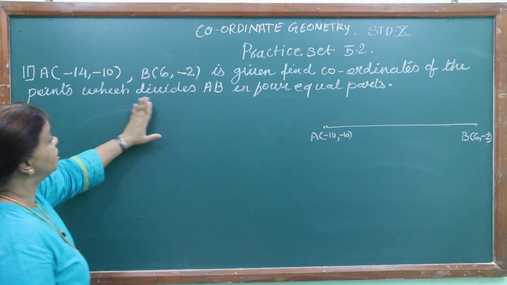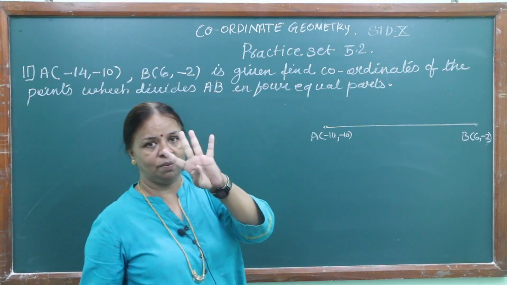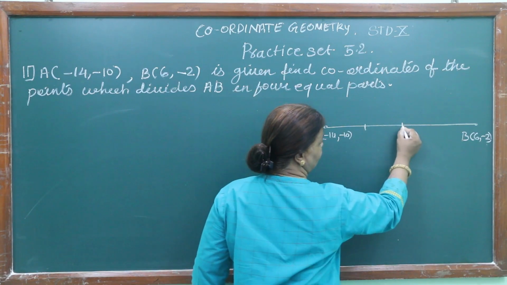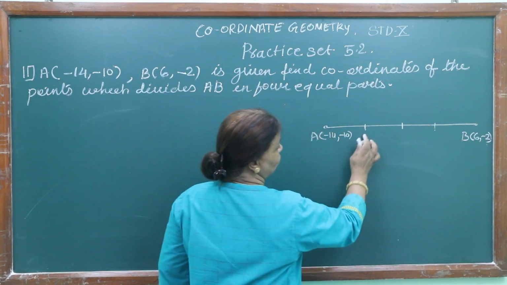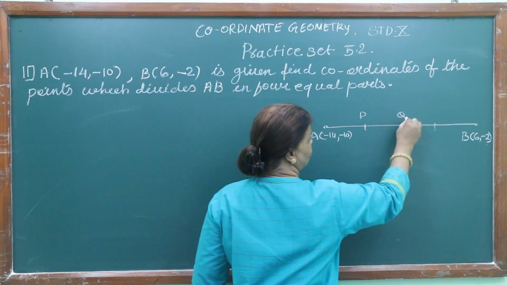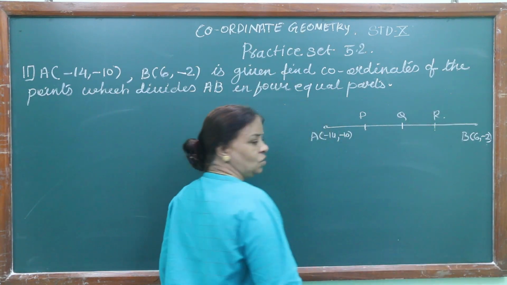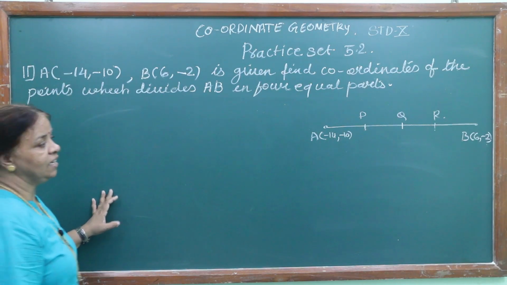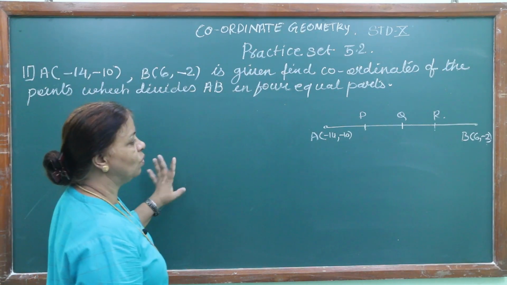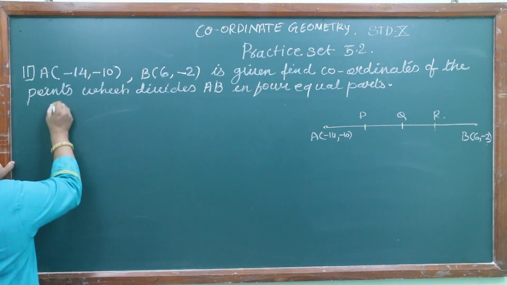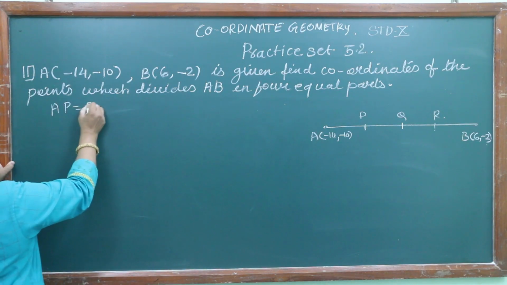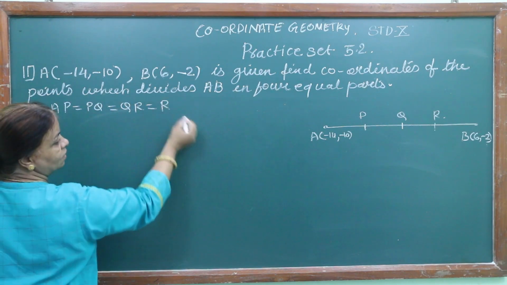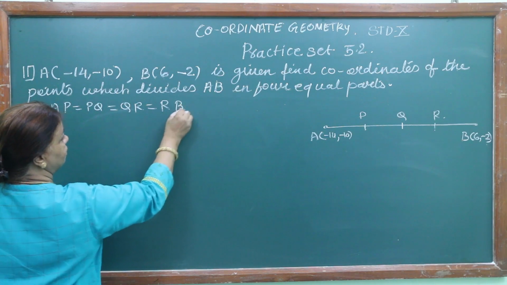Coordinates of the points which divide the line AB in 4 equal parts. So there is 1 point here, 1 point here, and 1 point here. So let us take them as P, Q and R. So points P, Q, R are dividing the line AB into 4 equal parts. So we can say AP is equal to PQ is equal to QR is equal to RB.